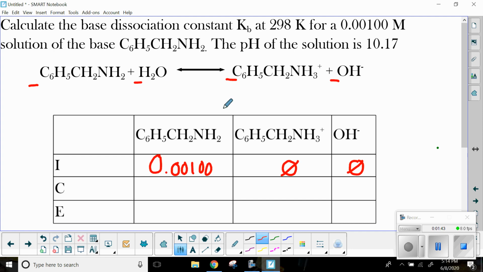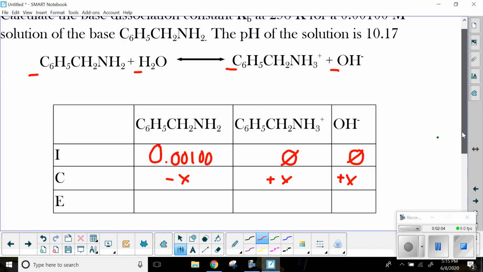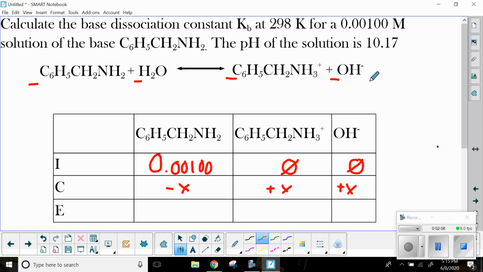And I'm not including water in my ice table because water is your solvent, a pure substance, and pure substances do not have a concentration. So my phenylmethylamine will lose X, and my conjugate acid will gain X, and my hydroxide ion will gain X.